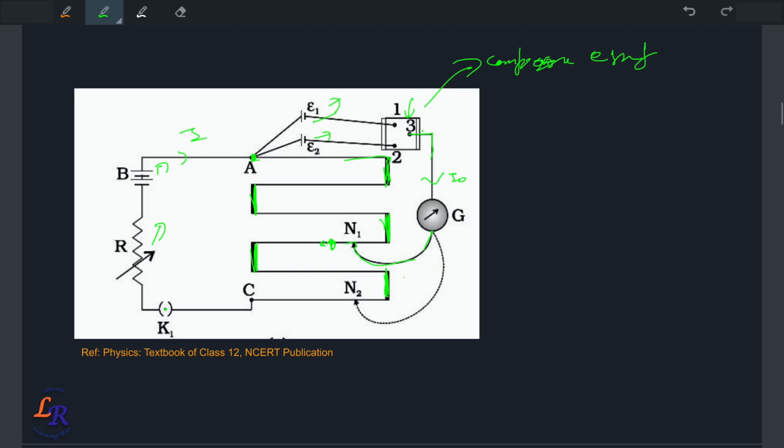So for example, let's say this case where you want to compare the EMFs in this circuit. Consider this loop here from this to this.